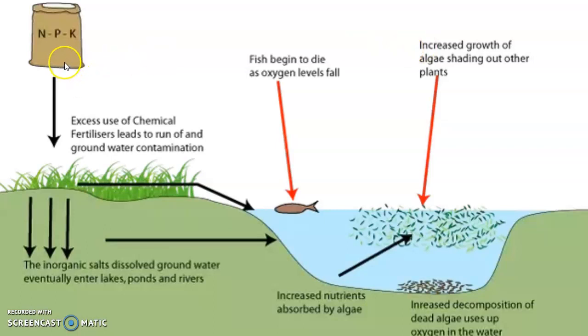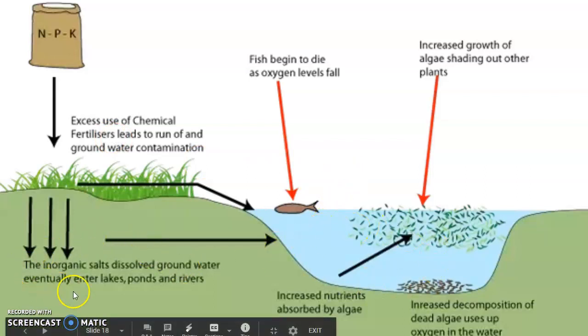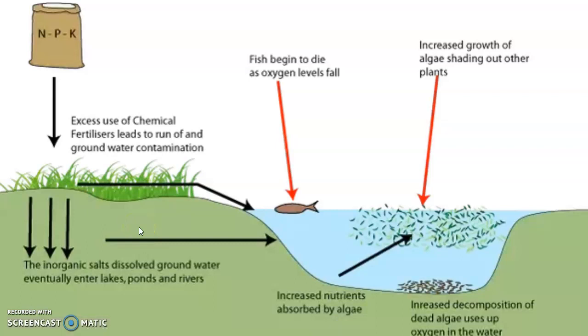So this is just another diagram that allows you to see this. You see that excess use of chemical fertilizers will lead to runoff and groundwater contamination. These fertilizers will then travel downhill into a lake, for example, or be dissolved into groundwater, which eventually enters lakes, ponds, and rivers.